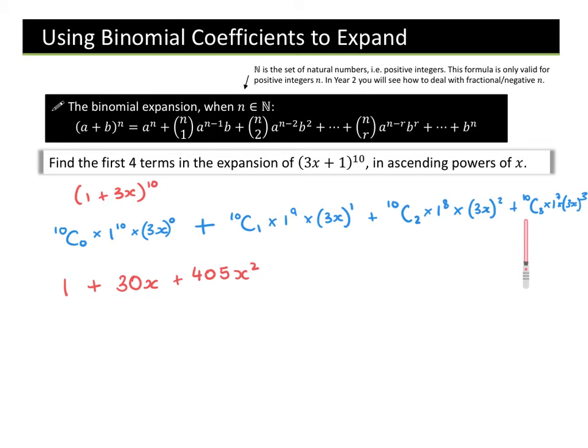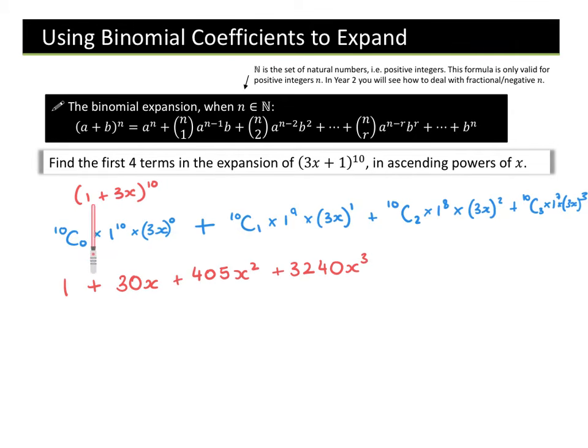The next one, what's 10c3? 120 times 1 times, and 3x all cubed is 27x cubed. So 120 times 27? 3,240x cubed. We have now expanded in ascending powers of x.